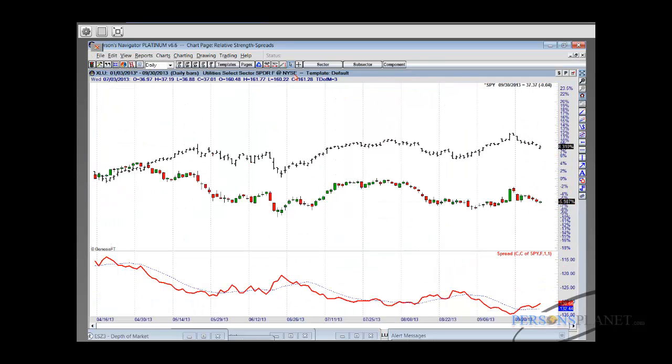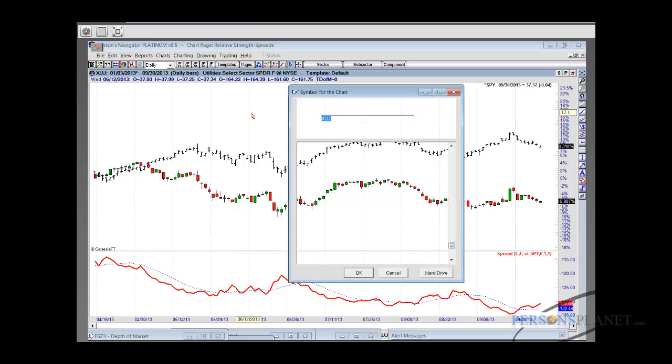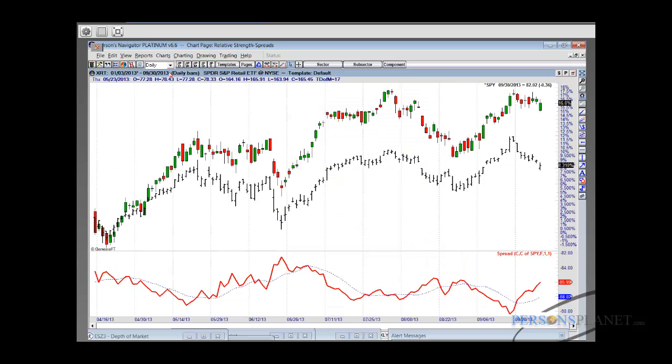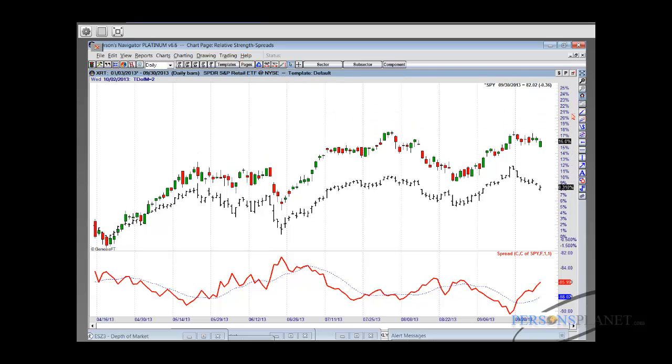This is looking at the XRT, the S&P Retail Select Spider index. I've got two charts up here. Black is the S&P 500, and this candlestick chart is the XRT. As you can see, the red chart below shows that the XRT, the retail exchange traded fund, has been outperforming the S&P, and this red line shows that it's in breakout mode.